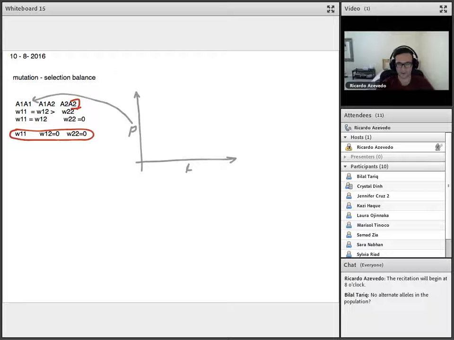My question is, why doesn't it just go up like this and stay at 1? So let's say here is 1. Why isn't the only allele in the population just A1?